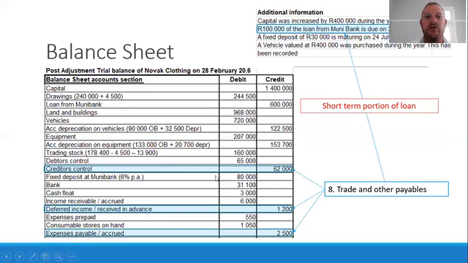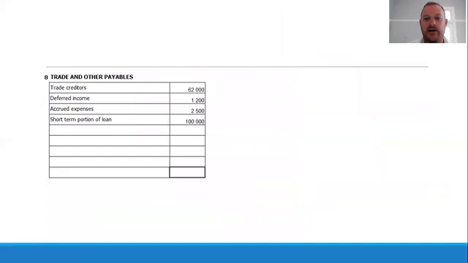Okay, moving on, gents, to our next note, which is trade and other payables. We can see what makes up trade and other payables, right? What has happened here, which is worth noting, is the short-term portion of the loan. So this 100,000 Rand needs to be included because it now becomes a short-term portion of the loan, because it was due, all right? And you'll see we include that portion of the short-term loan with the trade and other payables note, okay?